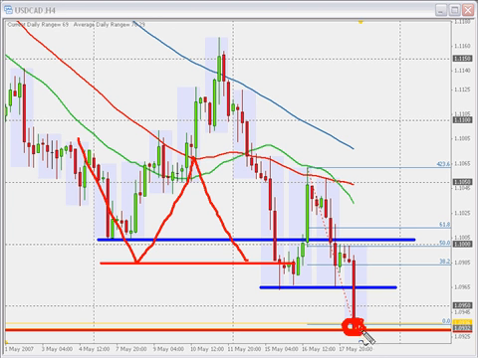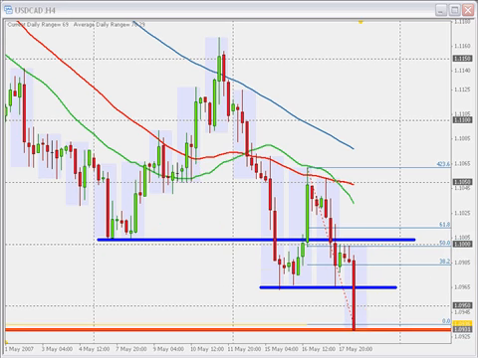If we get a bounce up from this level to the area I was looking to sell from, the 110 area, I would not take this short entry, even though it's a valid level from a technical point of view to sell from.